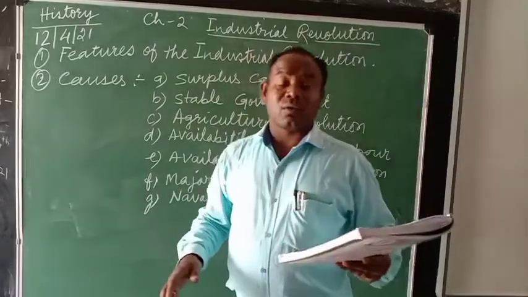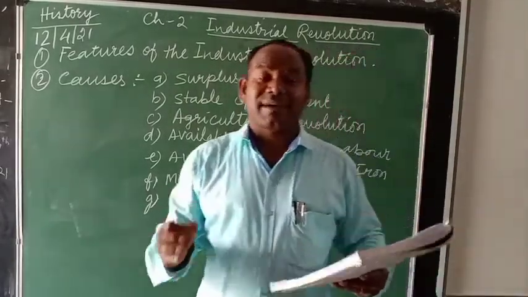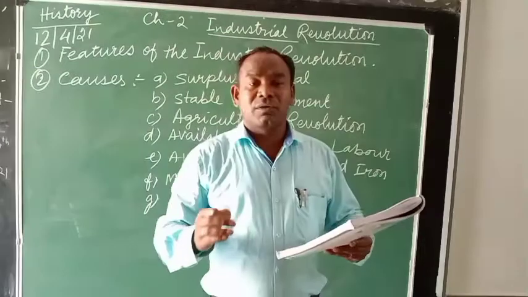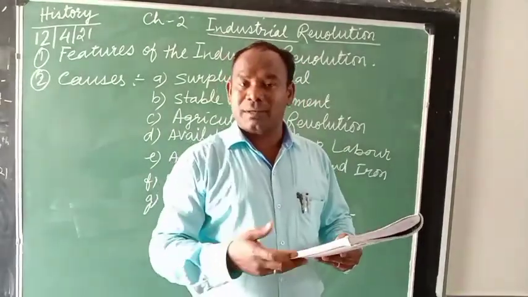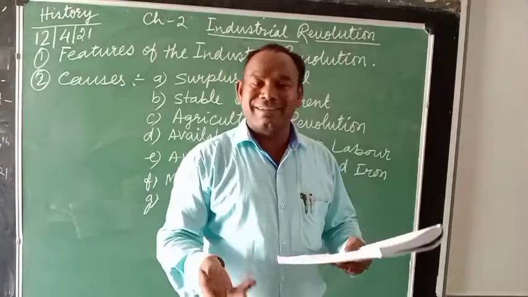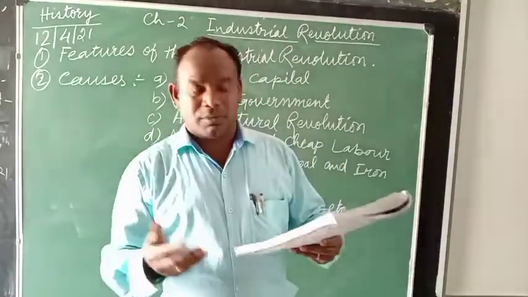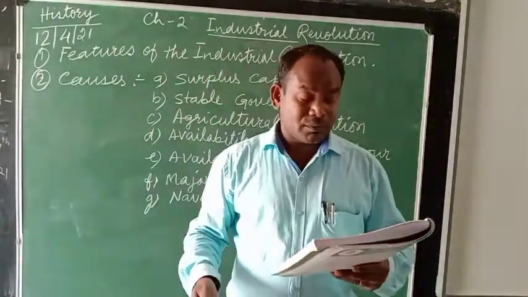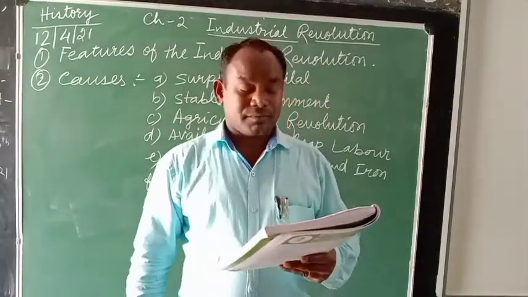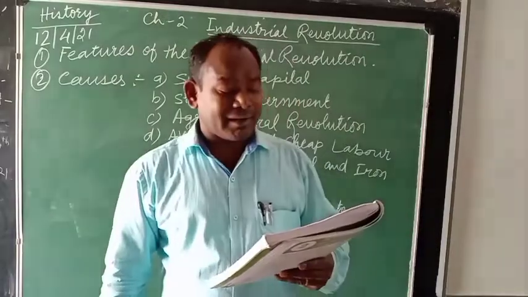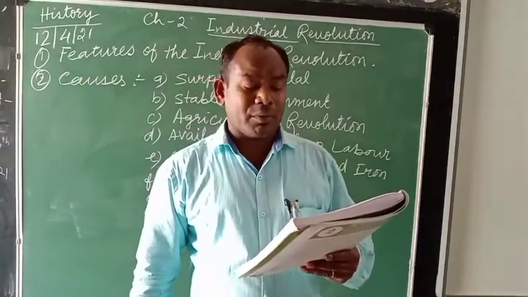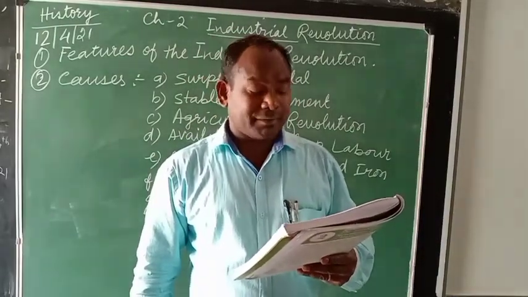So next point we will study about causes of the Industrial Revolution. There were several causes, several factors which influenced the European countries or England. First cause, surplus capital. Economic growth and increased overseas trade led to accumulation of enormous wealth in England.